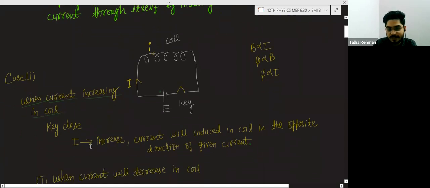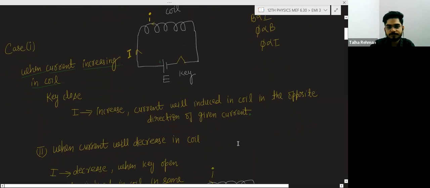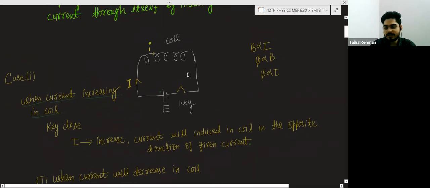So what will happen? Current I increases. When the current increases, current will be induced in the coil in the opposite direction of the given current. I have told you the reason, because of the change in the magnetic flux. Okay, this is clear, I think.